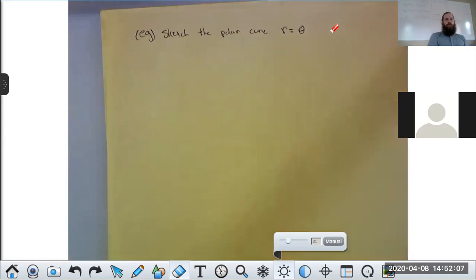And we can run through the same process that we did for those other more complicated graphs. And that might help understanding the process if that's been difficult.